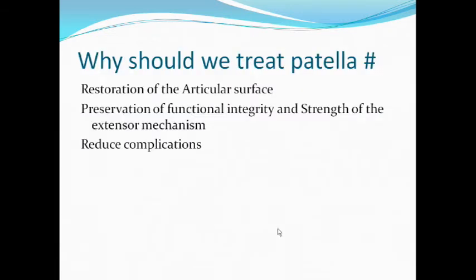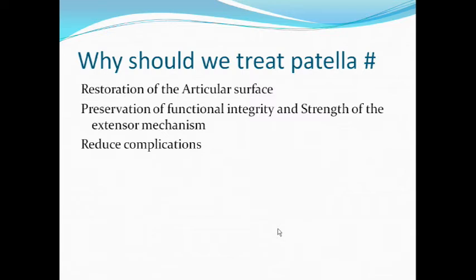So now coming to why it is necessary to treat patella fracture. Number one, restoration of articular surface. That is very important. The posterior surface of the patella articulates with the femur. During movement there is always motion over there, so we need to preserve the articular surface. Second is preservation of functional integrity and strength of the extensor mechanism.